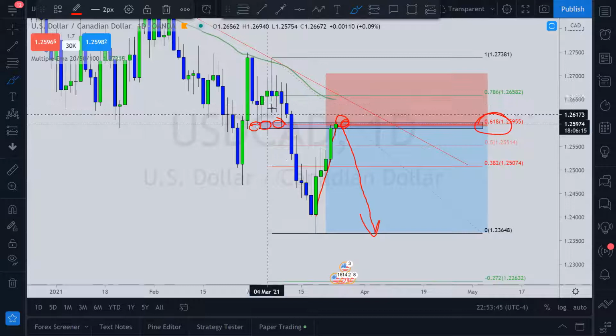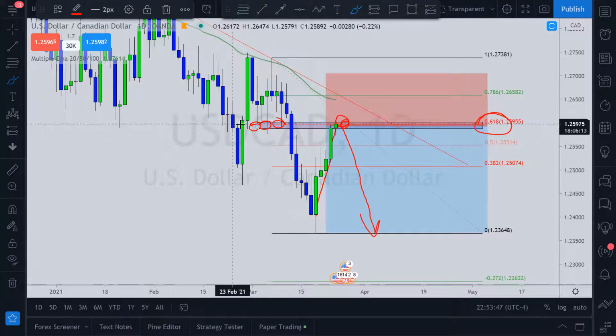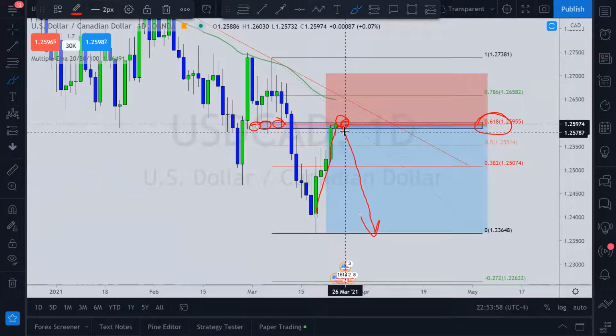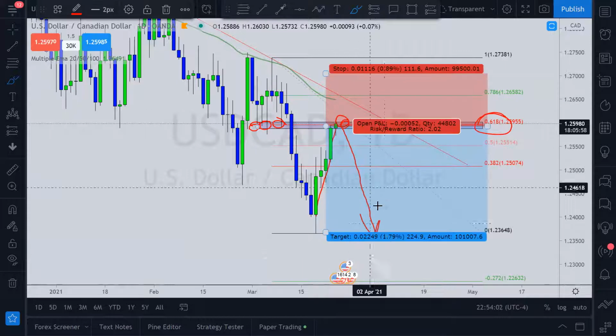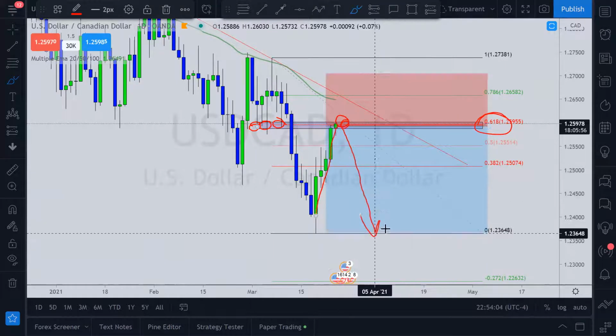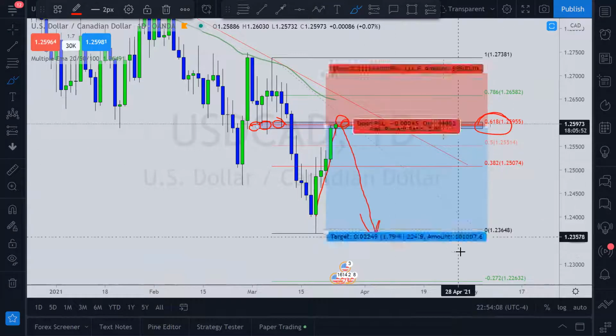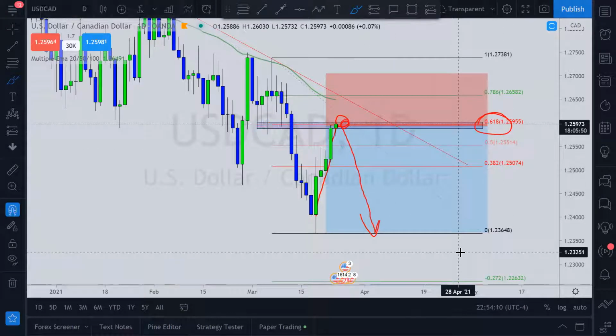All these pings to this level tell me the structure here is pretty sound, and that a retest of it has the potential, a high probability, of turning price back down and continuing price in the bearish trend.